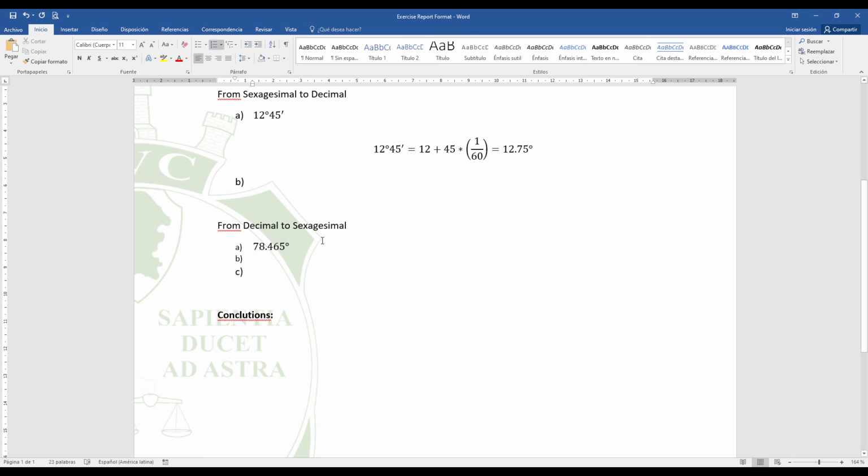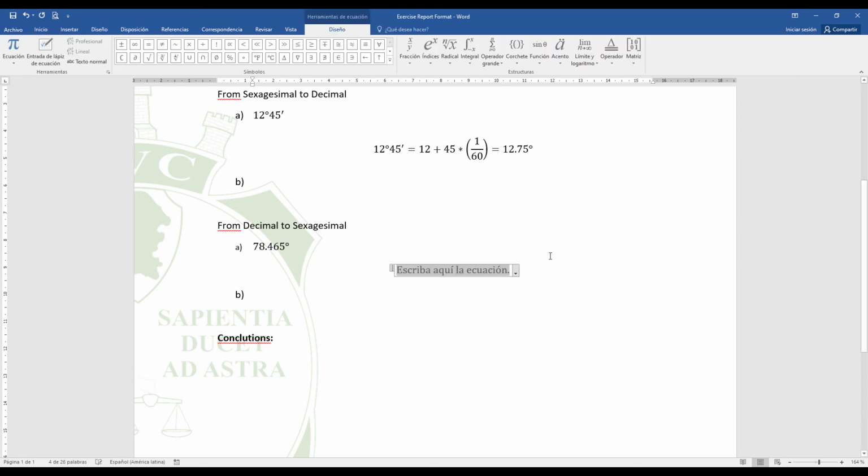The second one here, from decimal to sexagesimal. Again, you need to insert an equation, and remember, when you convert from decimal to sexagesimal, you only will use the decimal part.